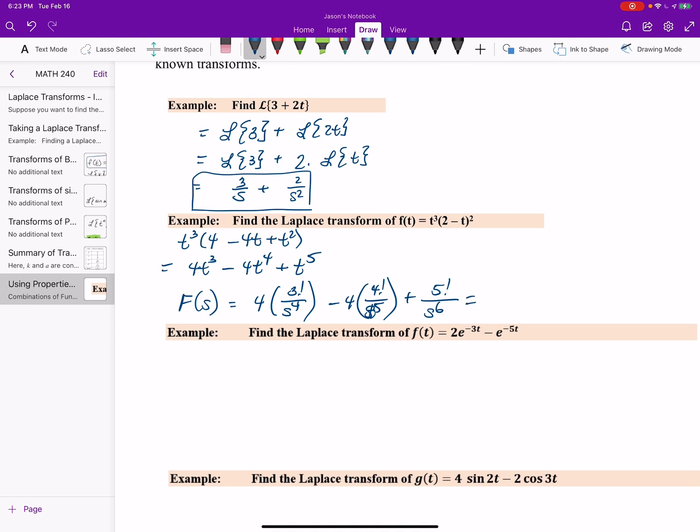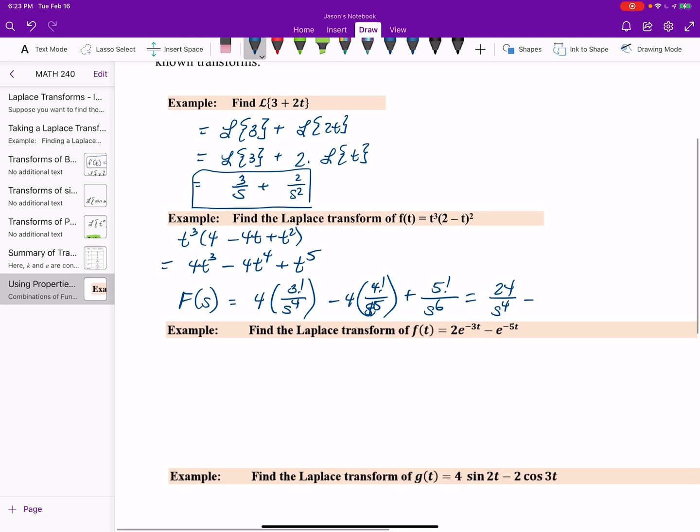And of course, we'll clean these things up because these numbers are manageable. 3 factorial is 6 times 4 is 24. So that's 24 over s to the fourth, minus 4 factorial is 24 times 4 is 96 over s to the fifth. And then plus 5 factorial is 120 over s to the sixth. And there's our transform of that second function.